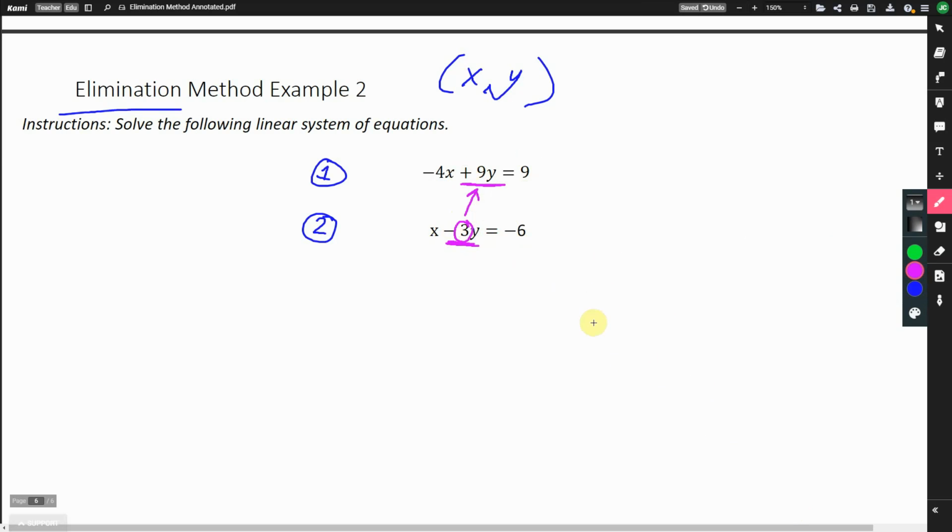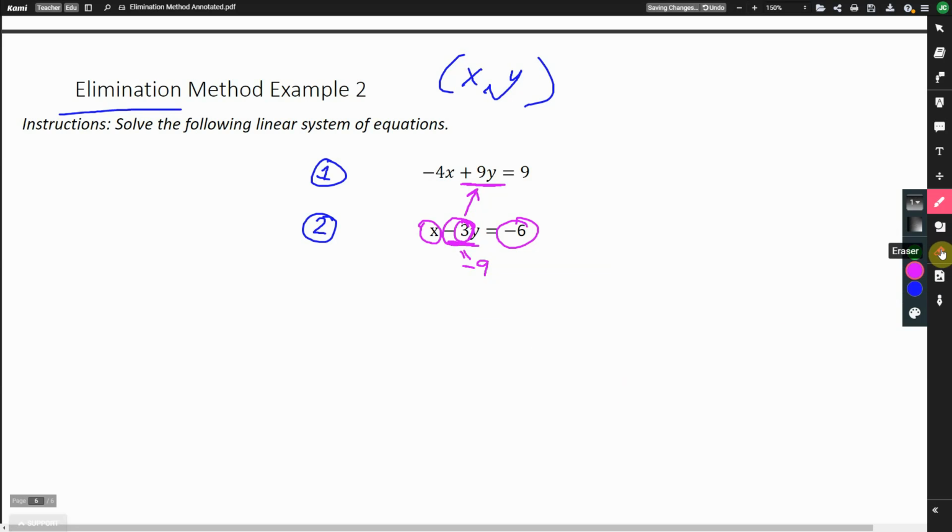So in order to make this 3 into this 9, I got to multiply this by 3. But just like we've been doing for all the other problems, if you multiply this by 3, you got to multiply everything by 3. Because I want this to be negative 9, so when I add them, they're going to cancel out.